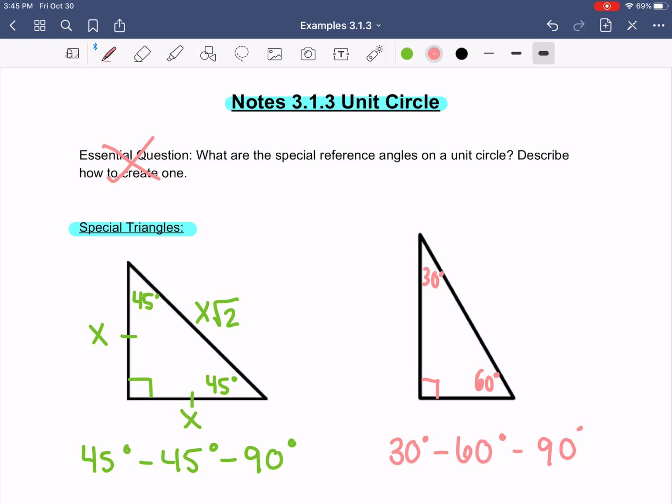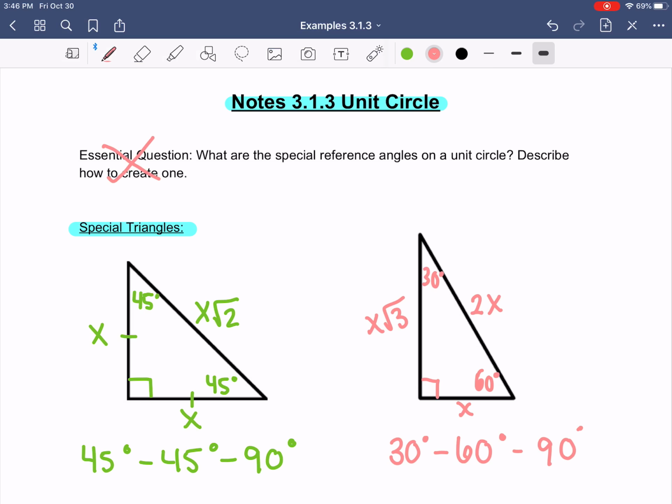So my smallest angle is 30, so we're going to call this side x. It's our smallest side. In the 30, 60, 90 triangle, the hypotenuse is going to be 2 times whatever the smaller side is. And the larger leg, not the hypotenuse, is just going to be radical 3 times whatever that side was.